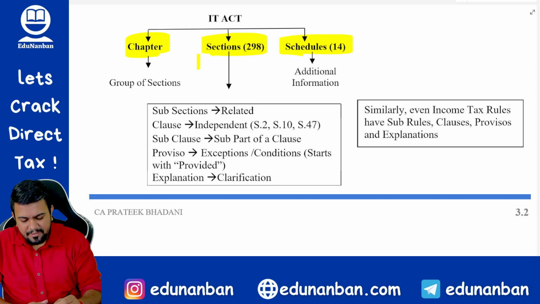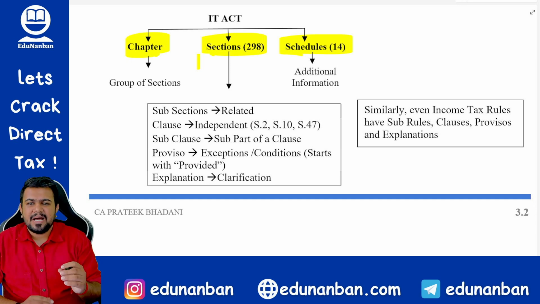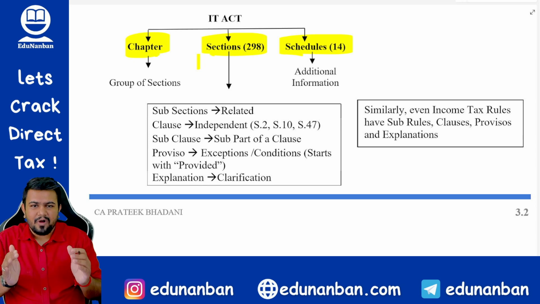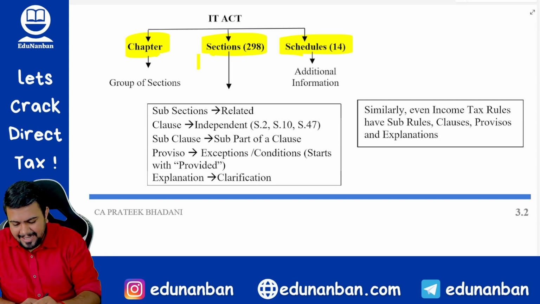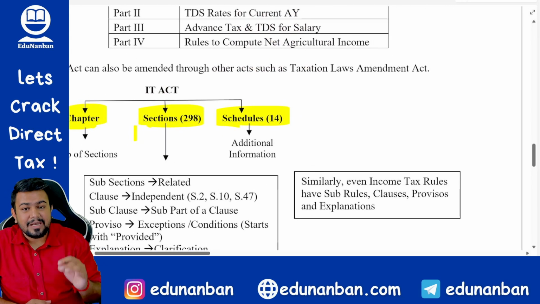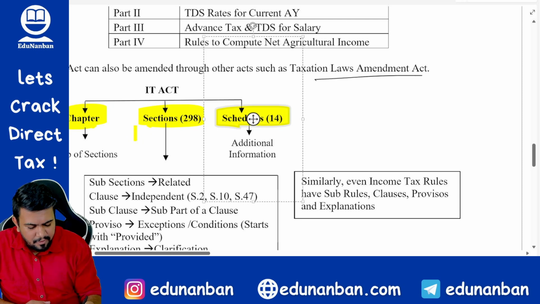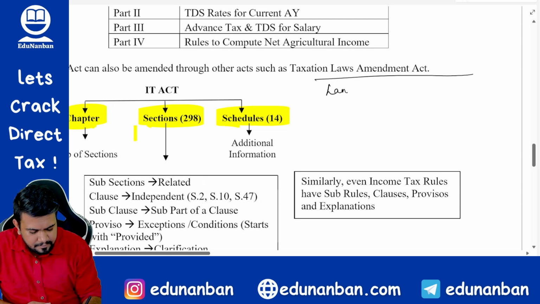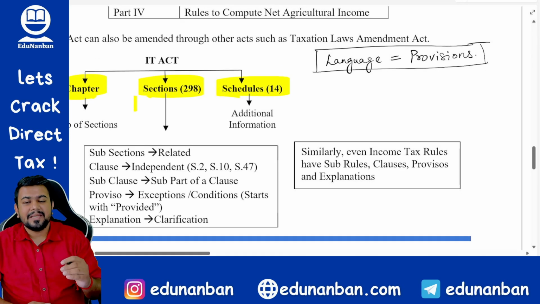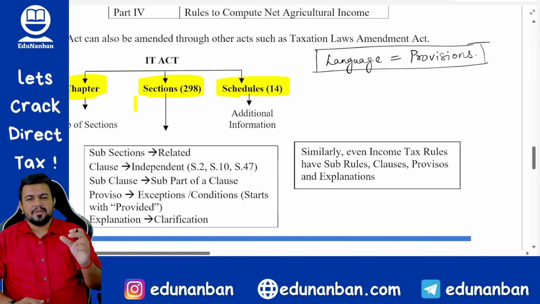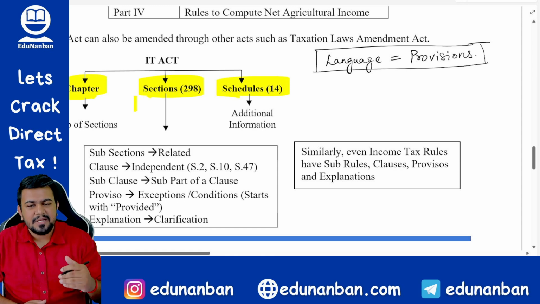Then what are sections? Sections are the core of the Income Tax Act, which contains the language of the Income Tax Act. The language of the Income Tax Act, or the language for any law, is called provisions. You might hear me using the word provision so many times.